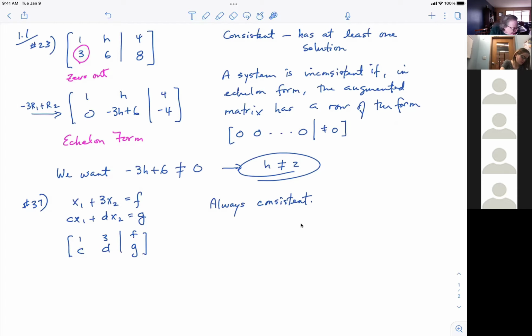Maybe I should say a little bit about one thing you're probably accustomed to, using variables like x and y and z. In this course, we transition away from that pretty quickly, even in section 1.1, and start using variables like x1 and x2, and if we have more, x3, x4, x5 with these subscripts.